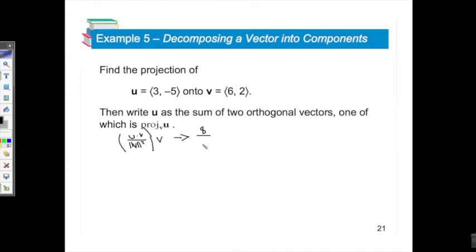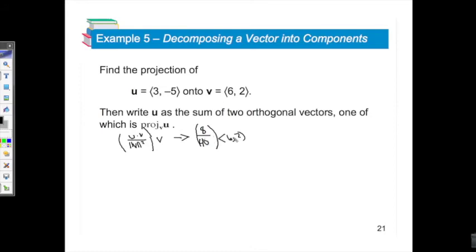As for the magnitude of v squared, I essentially am doing some sort of Pythagorean theorem or distance formula. So 6 squared and 2 squared, and then I'm going to go ahead and add those two things together. I would normally take the square root, but since I'm squaring it anyway, it's a 40. And then I multiply that by the vector v, 6, 2.